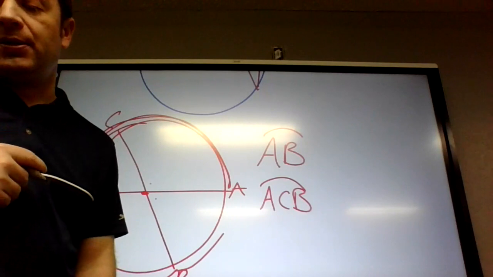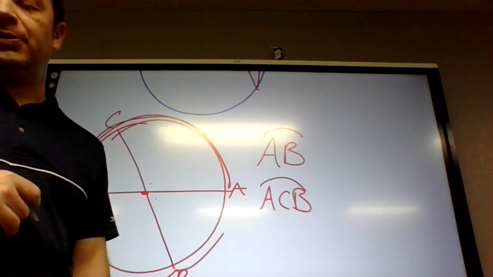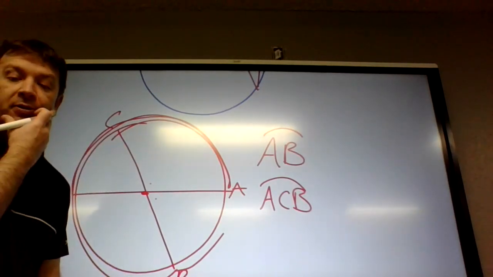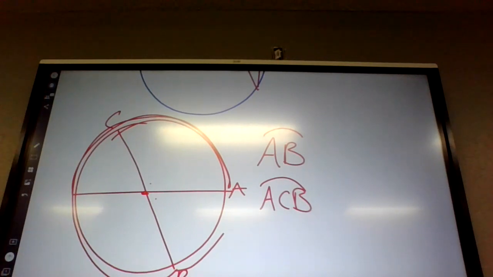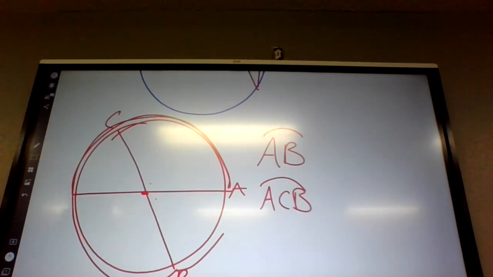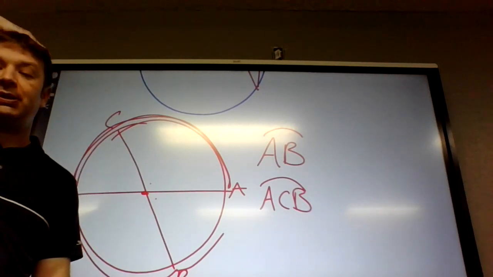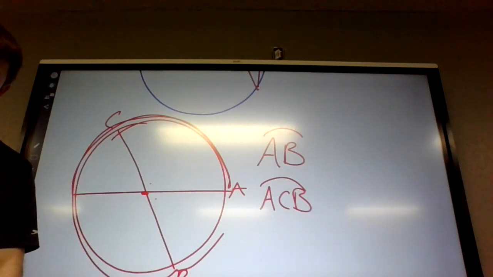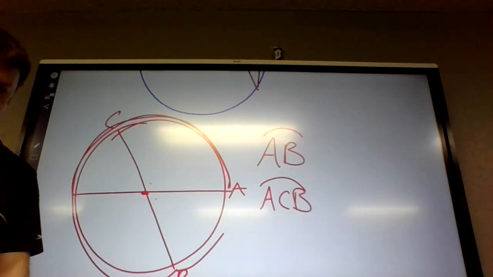Okay, number 1. So if angle XWD is 58 degrees, then what would the arc that it intercepts have to be? Yes, twice as big.